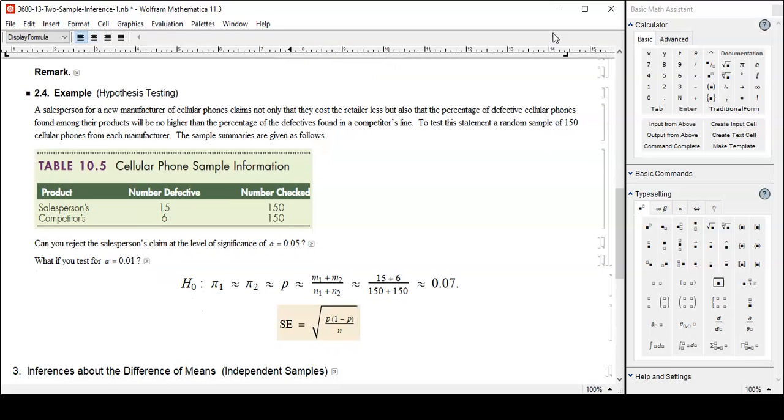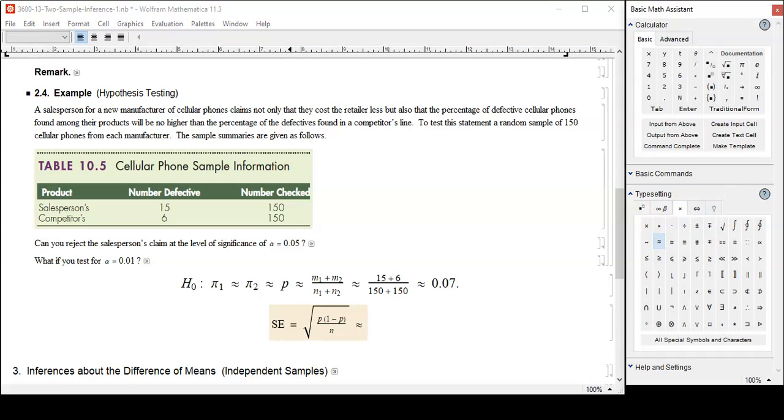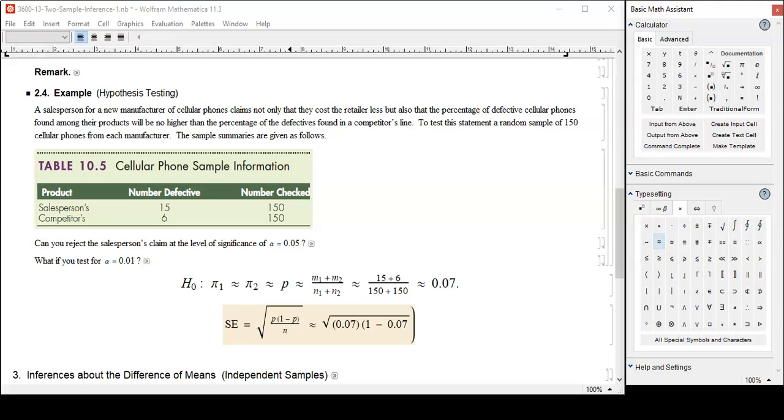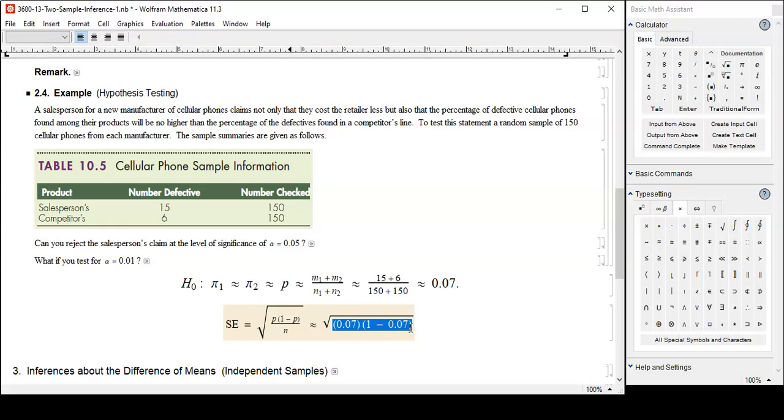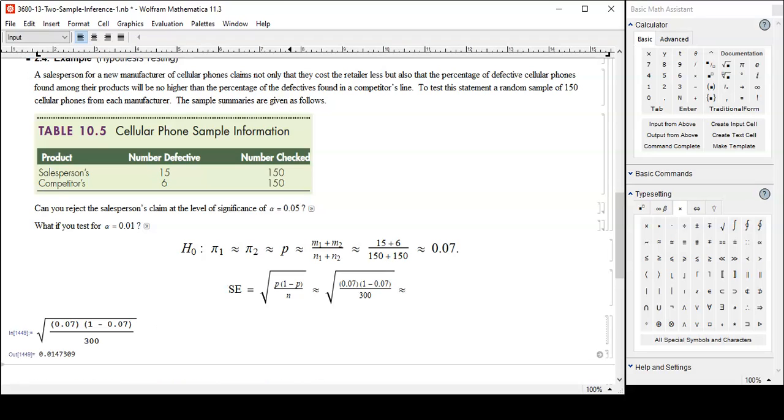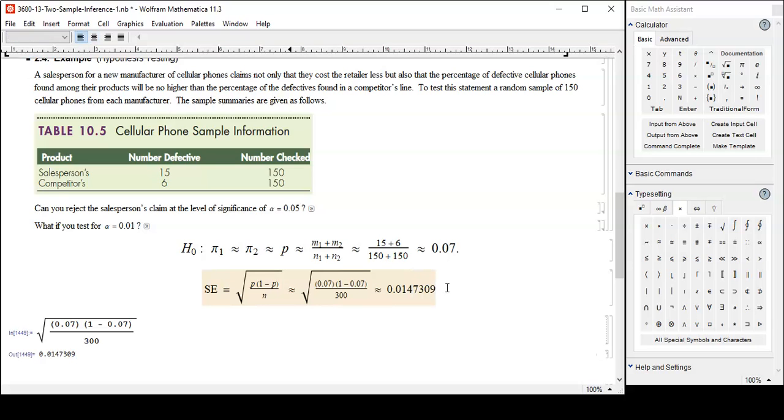So if you do it this way and calculate this thing, you get a drastically wrong number. And this is for one sample inference, not for two sample inference.